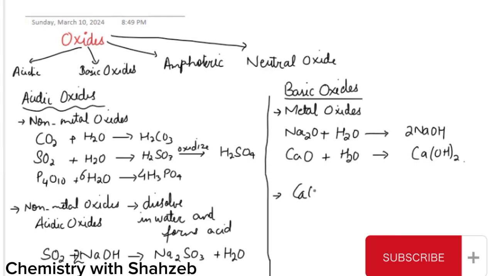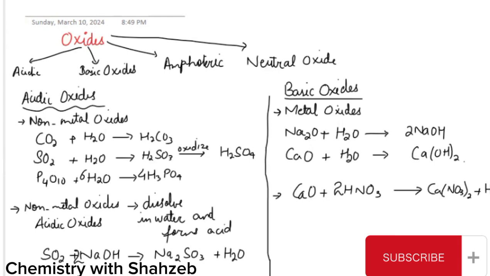Like calcium oxide reacts with nitric acid and forms salt. Calcium reacts with nitrate and forms calcium nitrate, and water is formed. So we have to put 2 here in order to balance it. It's enough, I think, because they dissolve in water to form alkalis, and they react with acid to form salt and water.